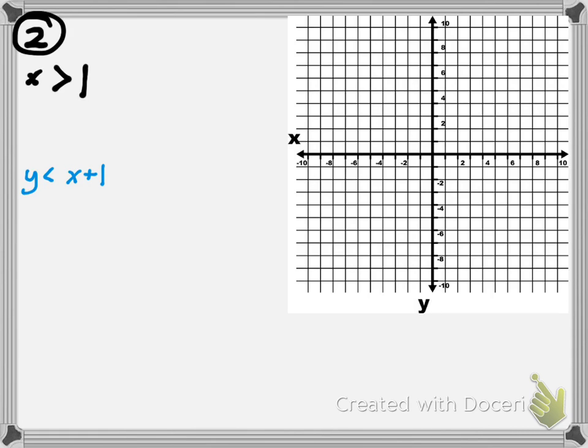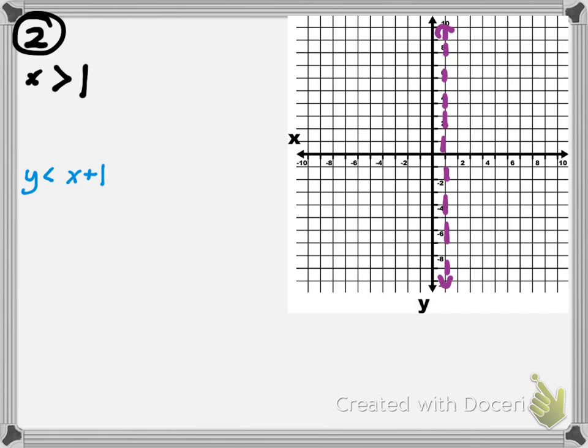And so x is greater than 1. So that's this constant graph that's a vertical line. Is it going to be a solid vertical line or a dashed vertical line? Why is it dashed? The equal to line. If I was to shade this, which way would I shade?